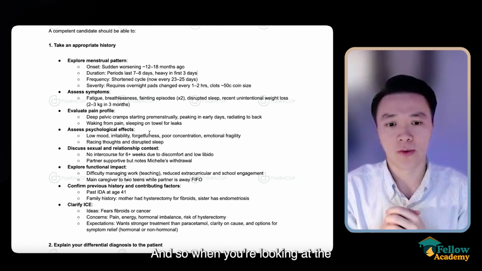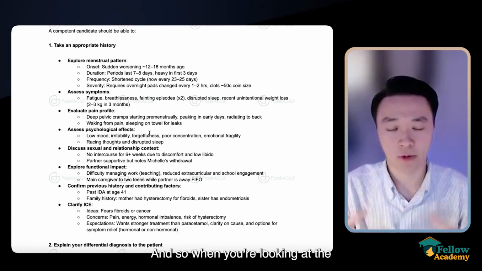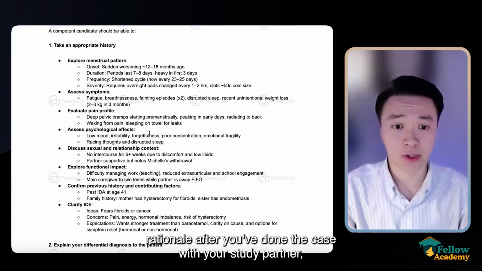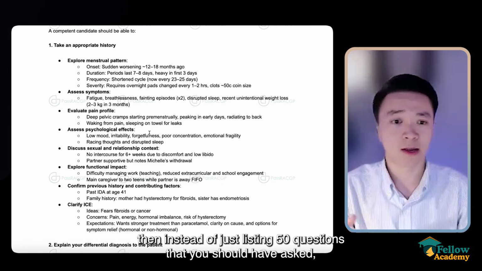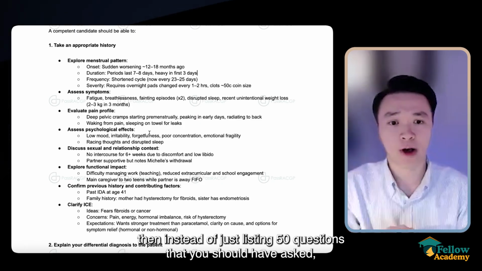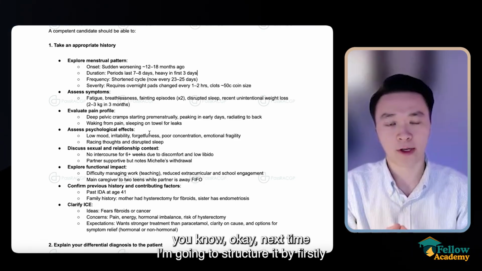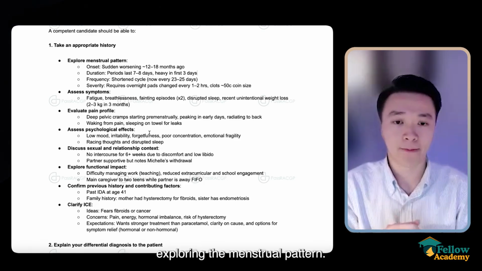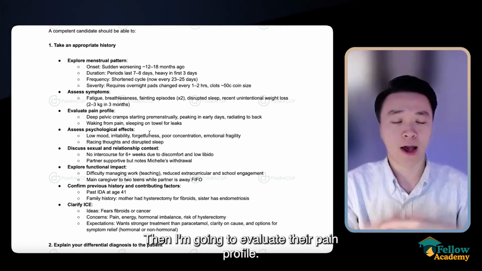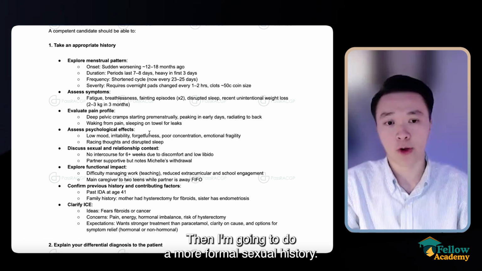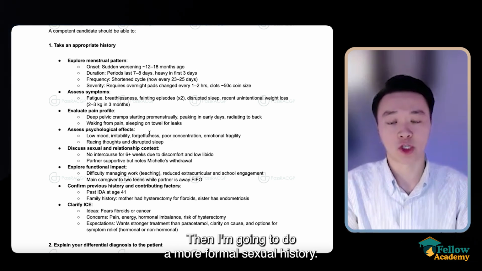And so when you're looking at the rationale after you've done the case with your study partner, then instead of just listing 50 questions that you should have asked, okay, next time I'm going to structure it by firstly exploring the menstrual pattern, then I'm going to evaluate their pain profile, then I'm going to do a more formal sexual history.